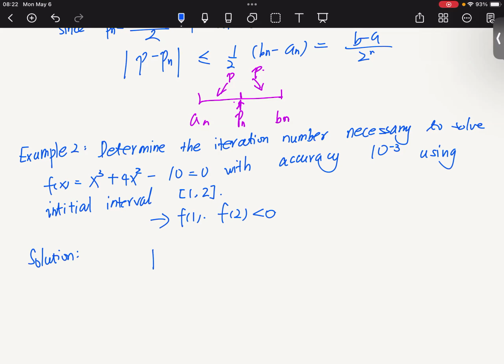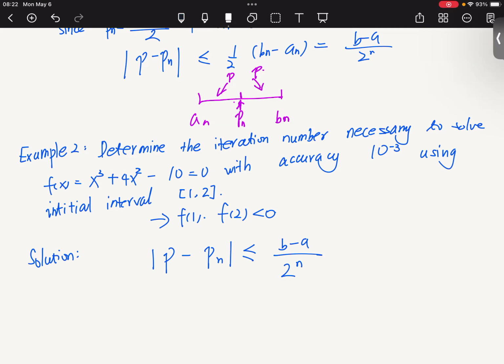So here from theorem 2.1, we actually have |p minus pn| is smaller than or equal to (b minus a) over 2^n. And what is b minus a here? The b is just 2, and the a is just 1.